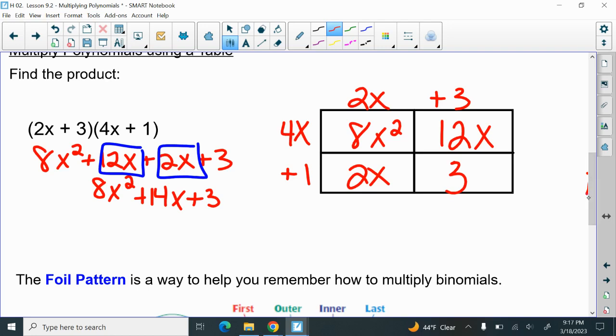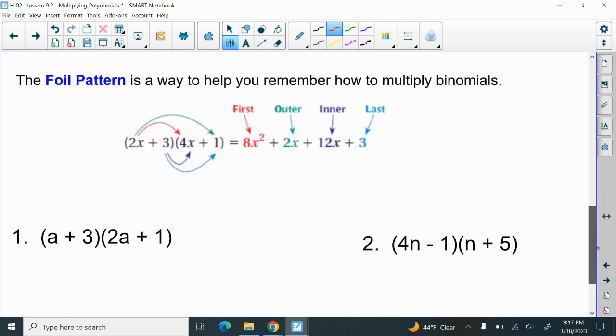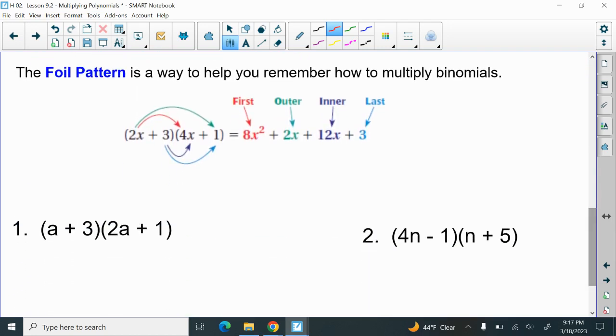So what we're going to use a lot is what's called foiling, or the FOIL pattern, which is basically just using the distributive property. FOIL stands for first, outer, inner, and last. So what that means is, if you look here in red, I'm multiplying my 2 first terms, and then in green, I'm multiplying those outer terms, which are 2x and 1.